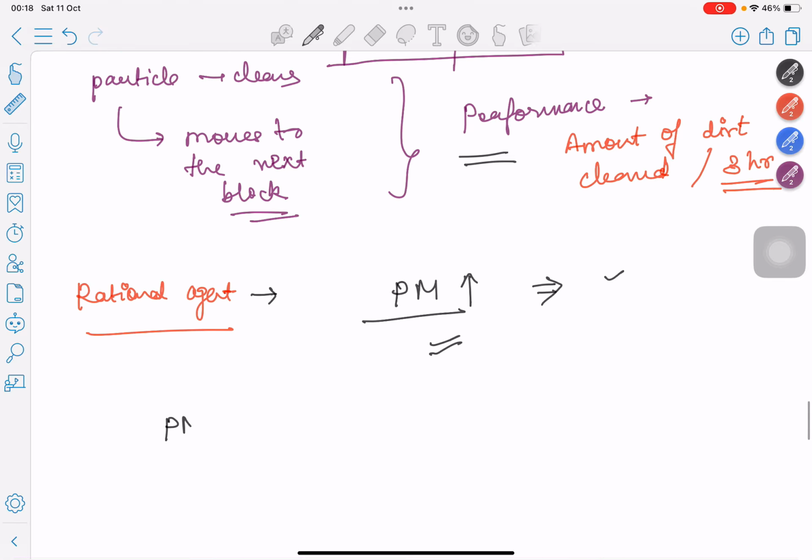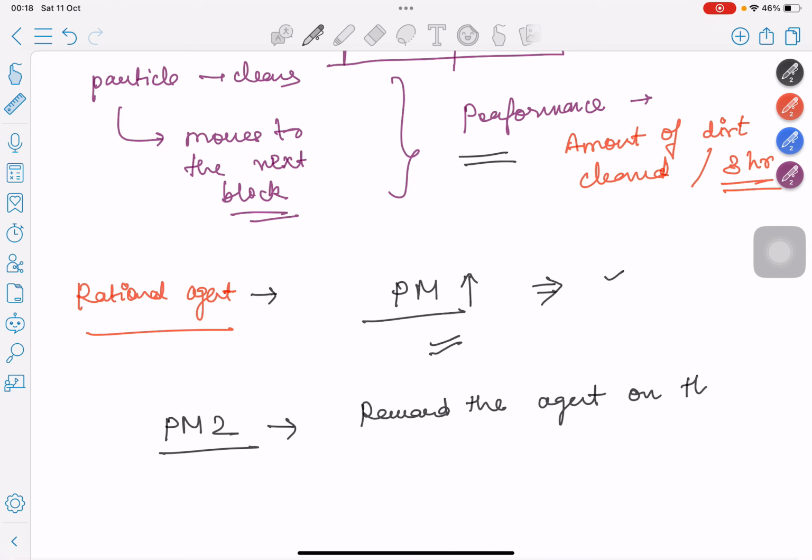There could be another performance measure that I can define: rewarding the agent for having a clean floor. So I can reward the agent on the basis of a clean floor.